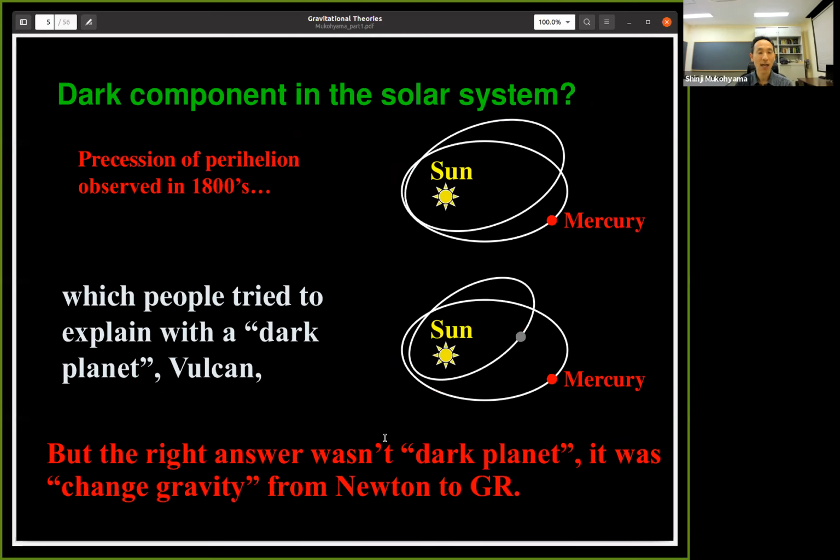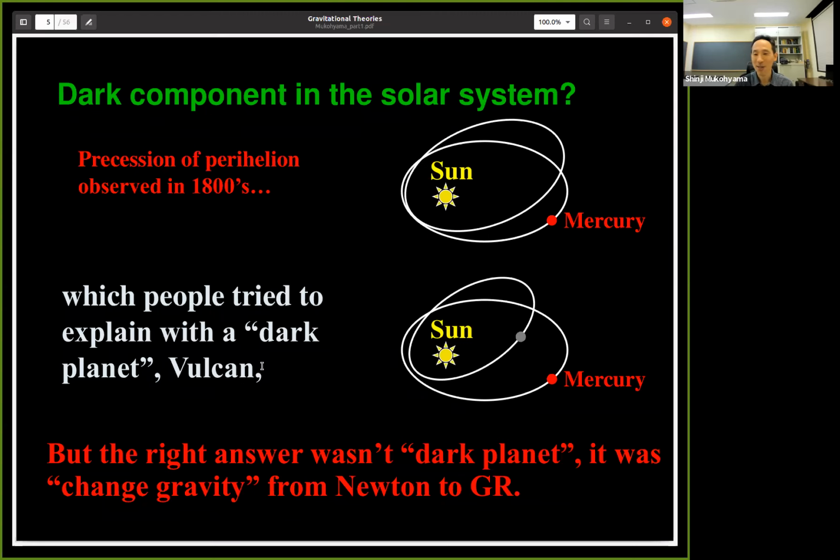But when we consider the history of science, there was something similar in the 19th century. People discovered that Mercury was doing something interesting, namely the precession of perihelion. And then some people tried to explain this with, so to speak, a dark planet, which was named Vulcan, and some people even claimed to have discovered it.